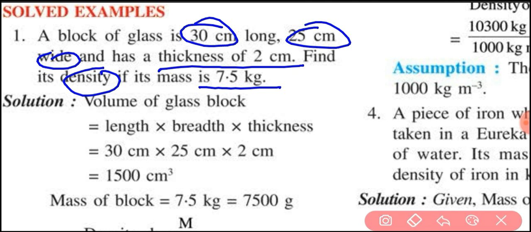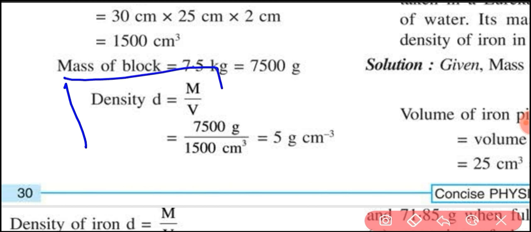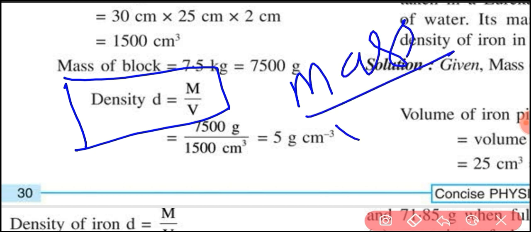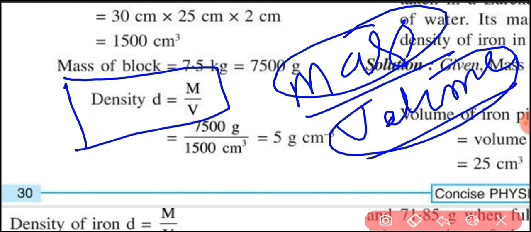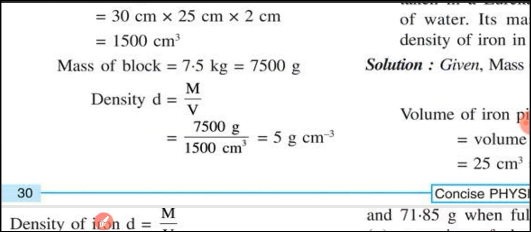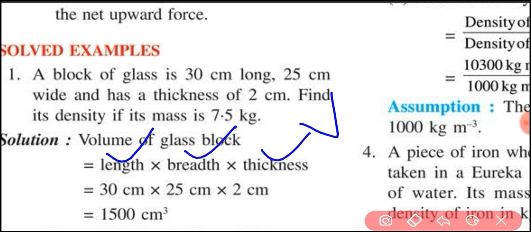Okay, students, for the density we know the formula, that is density D is equal to m upon V, mass upon volume. So these both are not given here. So what we have to find out first? We have to find out volume V. The length is given, breadth is given, then thickness is given.